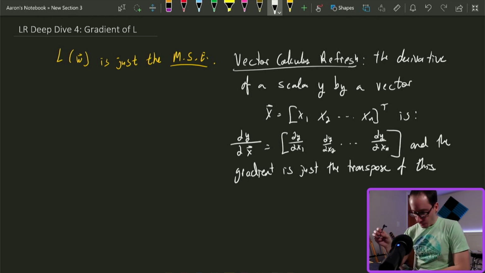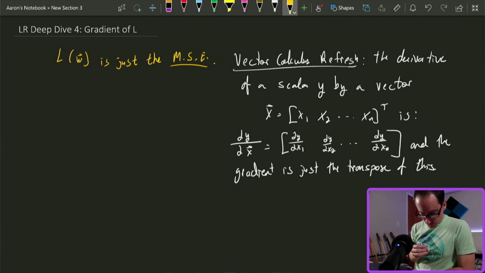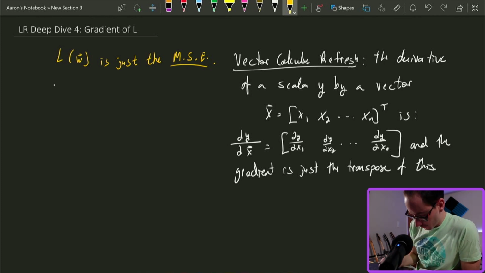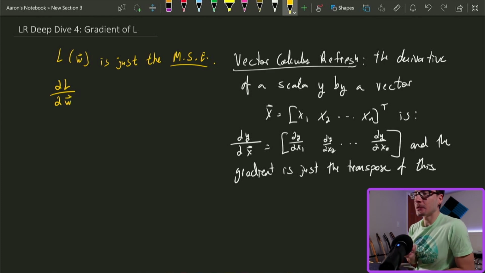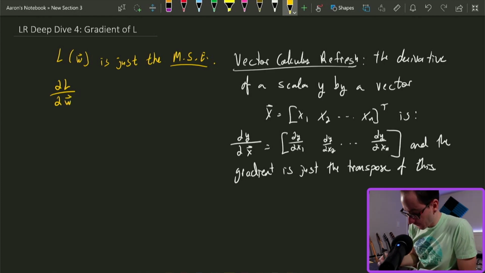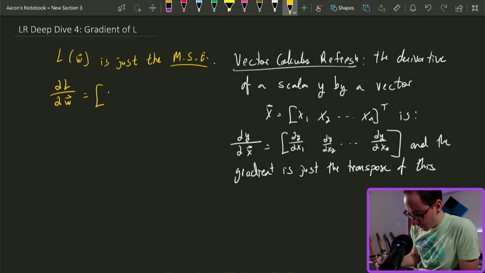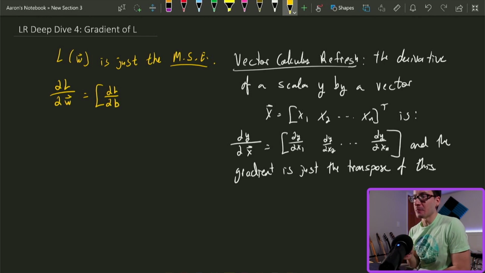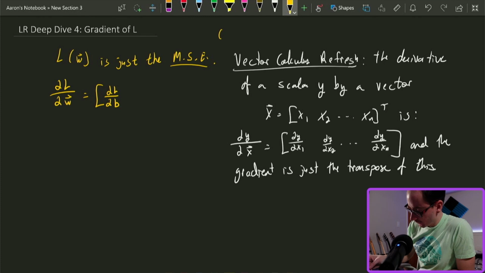So in our case, the derivative of L with respect to the vector W would be the derivative of L with respect to, now, the first component of W is B, the bias term, right? Just notate that up here.